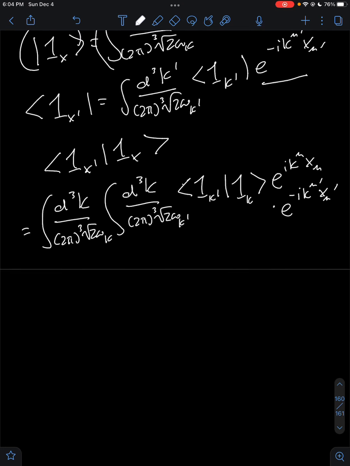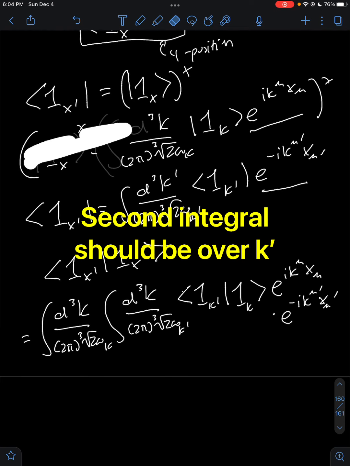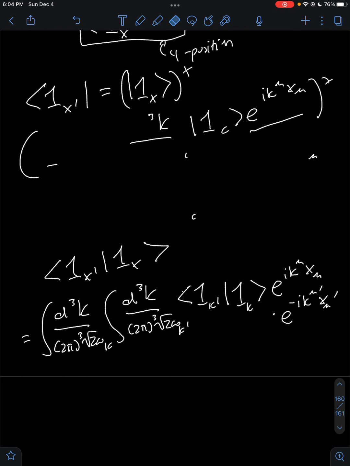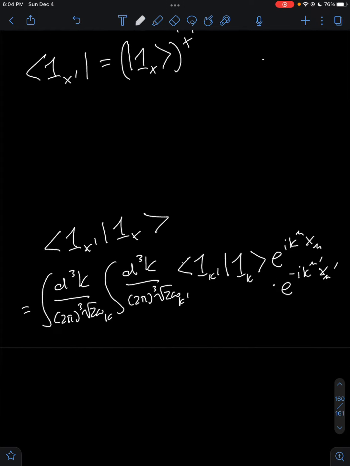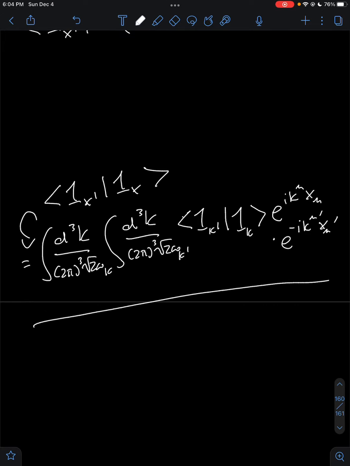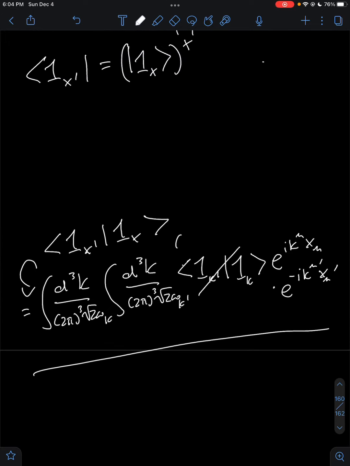So we have this over here. Let's erase what's on the top to make this a bit less of a strain on our eyes. So we have that this is equal to this. Now we can simplify this long expression. We know that this is just going to be (2 pi) cubed times our delta function, right?